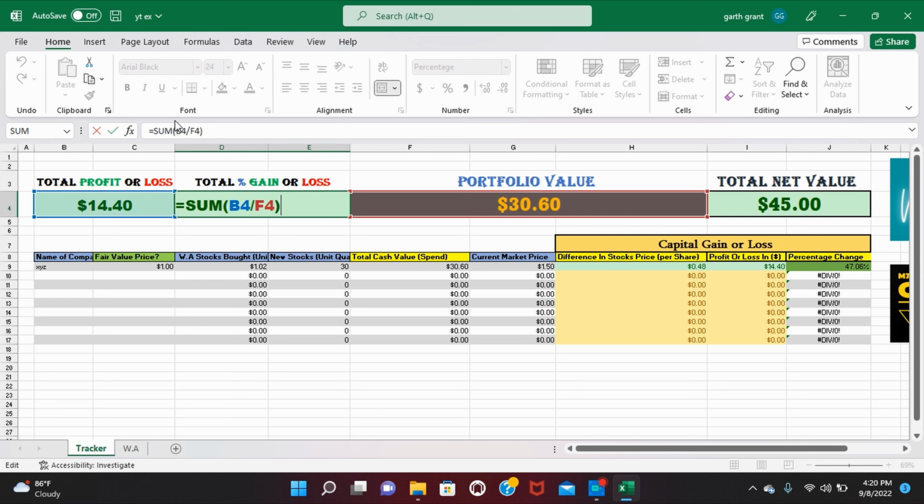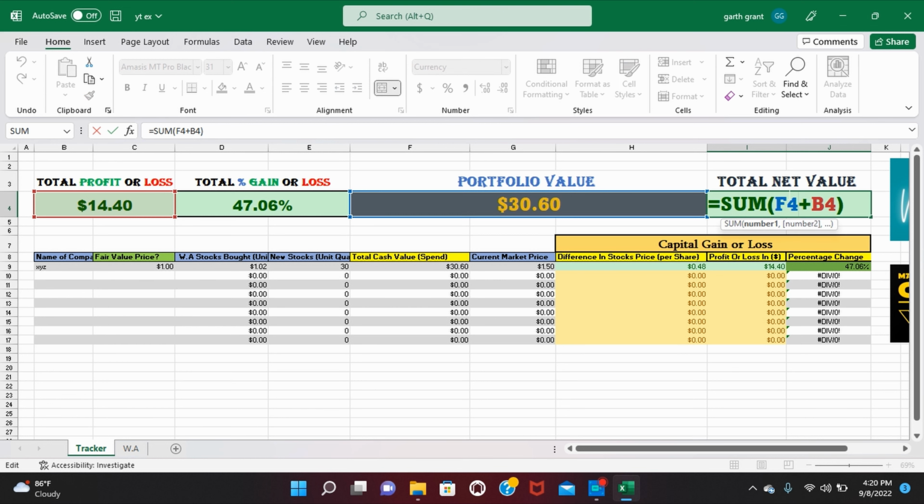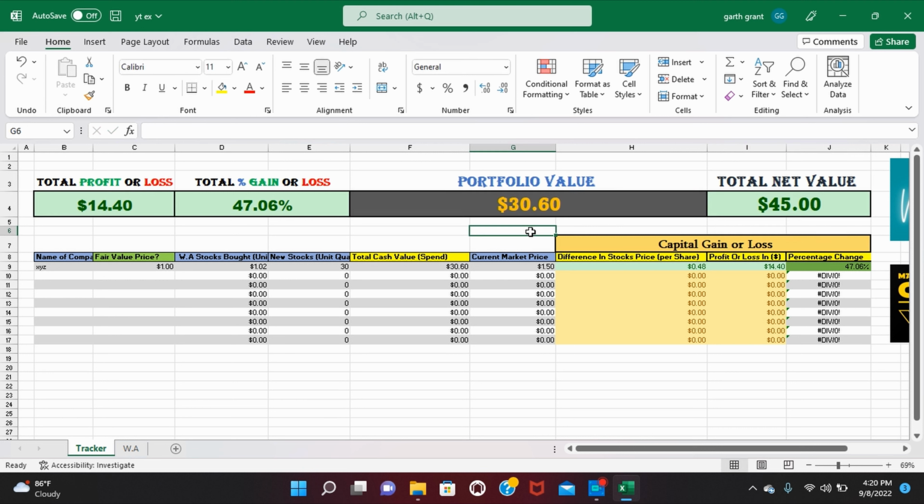You could probably take out the sum part, or you can also just do the total of this, the total of the mirror, it equals the same anyways. So that's that. And then the total net value equals just the sum of this and this, so your profit in money plus the amount of money you actually spent.